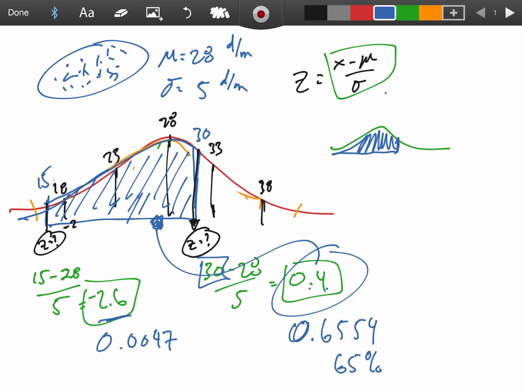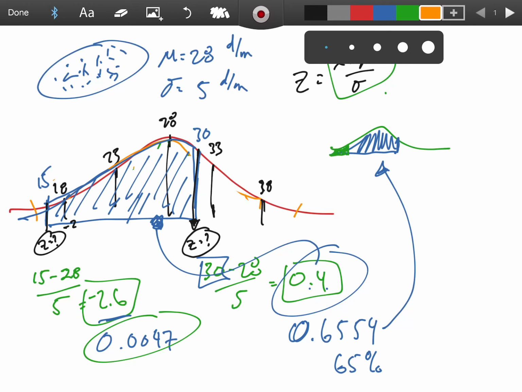And so now I know this blue area right here is, or the proportion is 0.6554. And I know that, let's say that this is green, that the green proportion is 0.0047, and that would be this right here. So to find the stuff in between, what I'm interested in, that proportion, I'm just going to subtract the two.